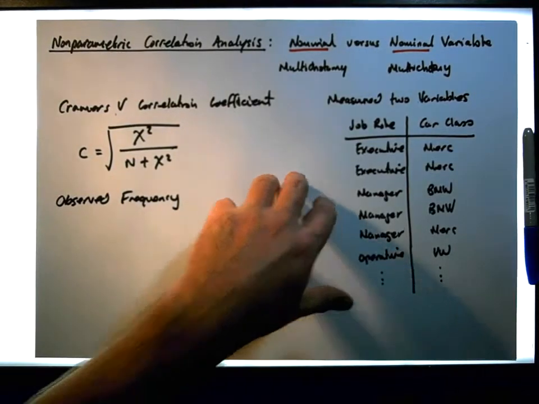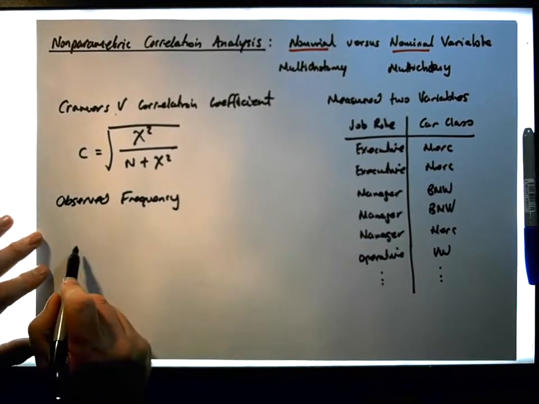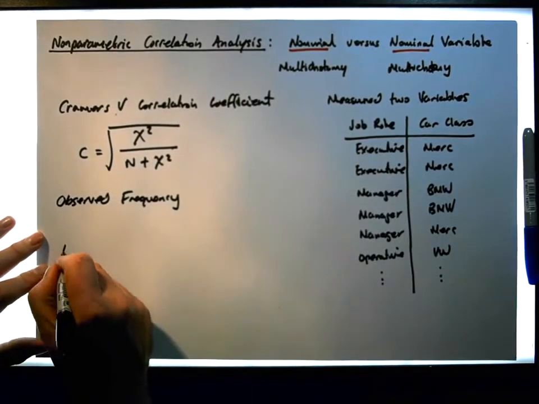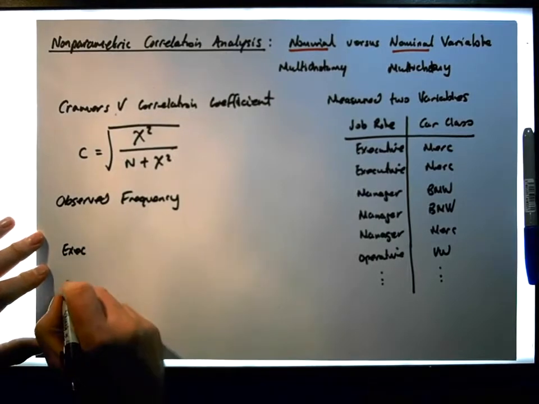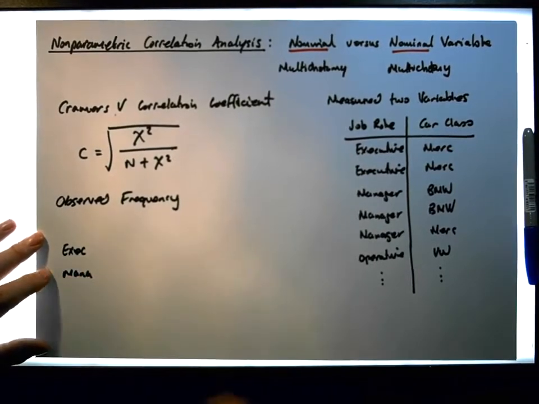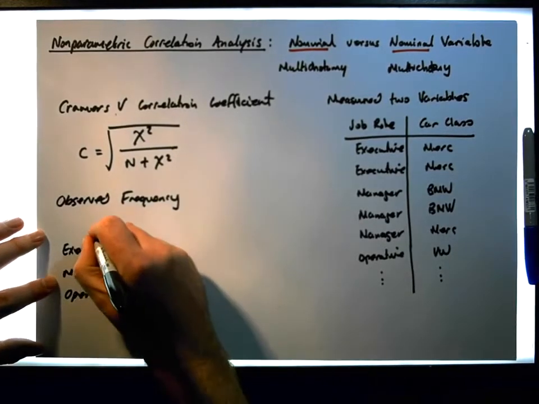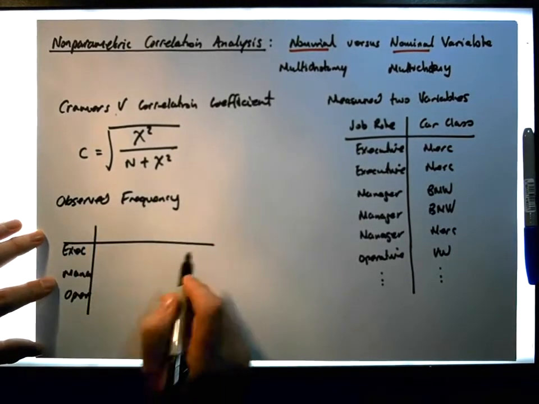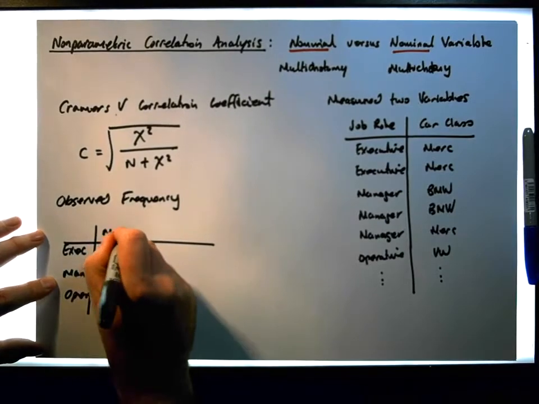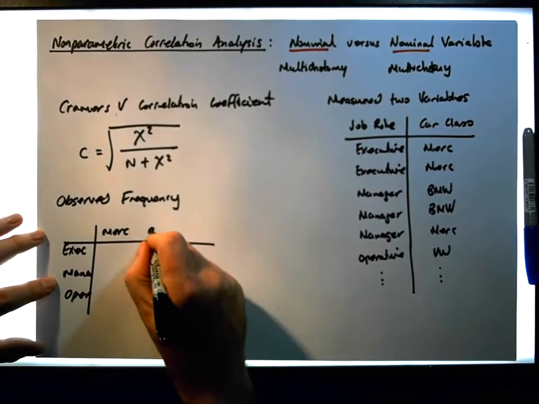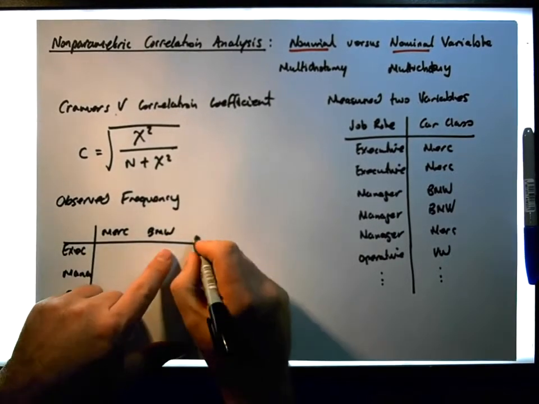So for our observed frequencies, we have exec, mana for manager, and oper for operative, and going across, we have Merc for the type of car, BMW, and Volkswagen.